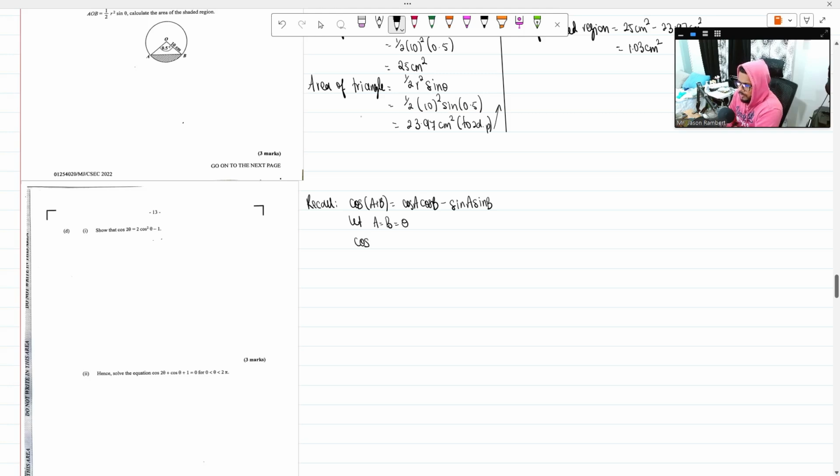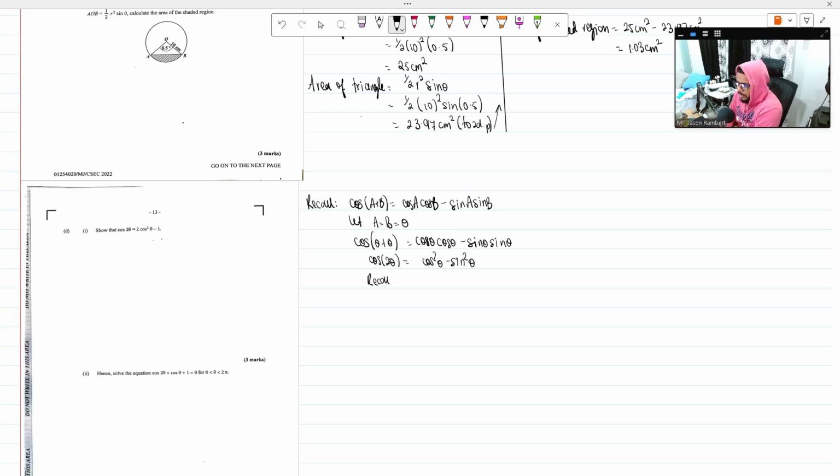So I'm going to get cosine of theta plus theta is cos theta cos theta minus sine theta sine theta.